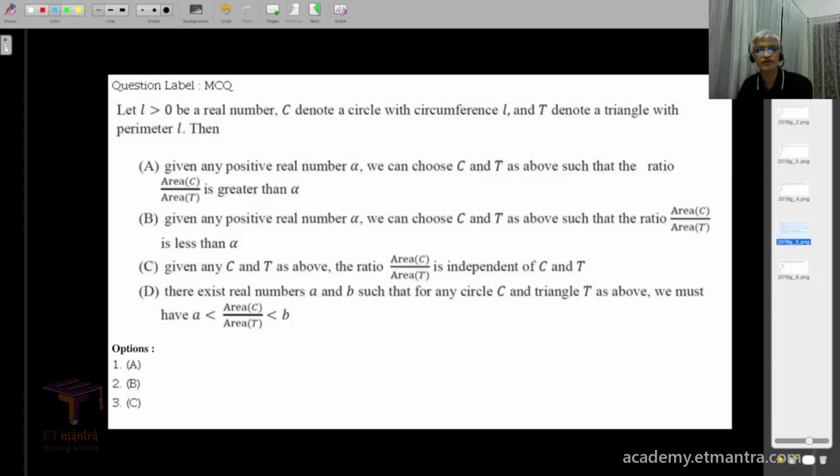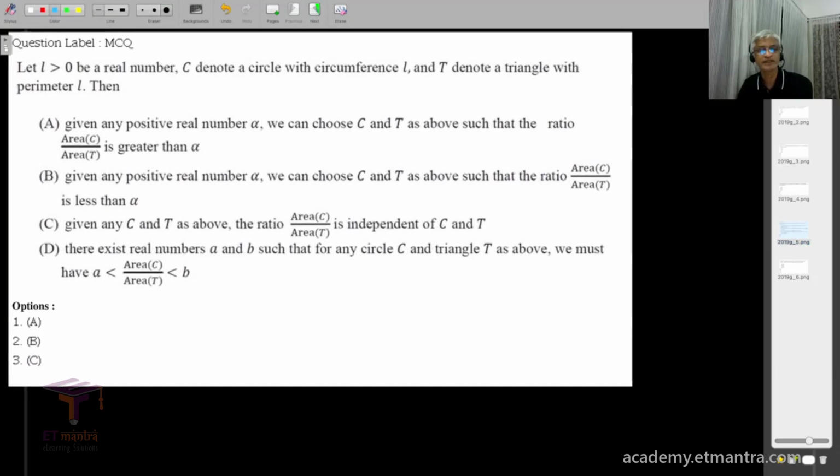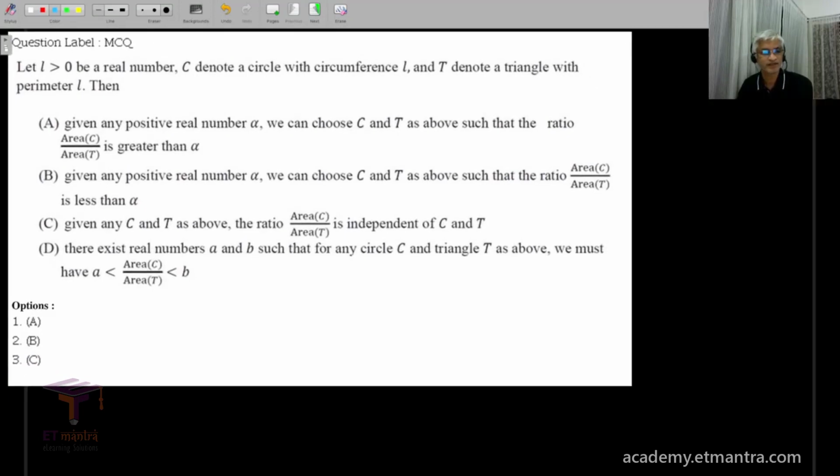So the next problem does look very lengthy, but once again, it turns out to be fairly straightforward once you begin to understand what is being asked and what is being given. So the first thing is that the perimeter is fixed for both the circle and the triangle.